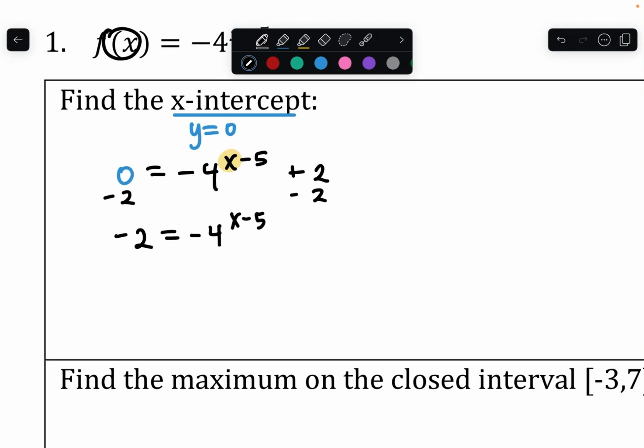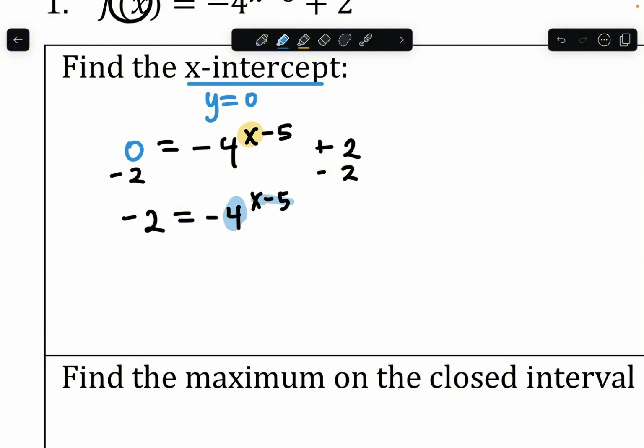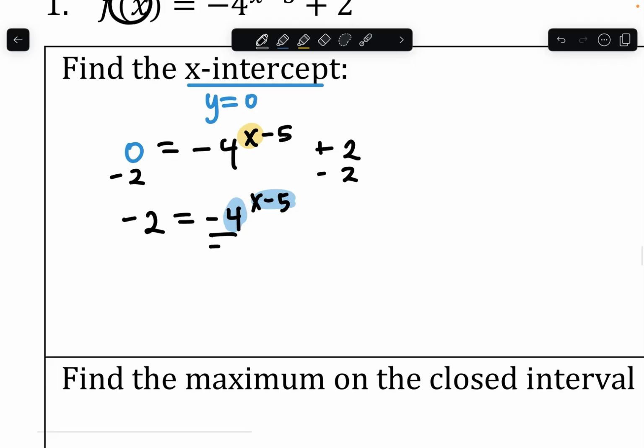And remember, we're trying to isolate the exponential expression, and so the exponential expression is just this base and this exponent. And so the negative still needs to go. And so my next step is to divide both sides by this -1. And that leaves me 2 equals 4 to the x minus 5.